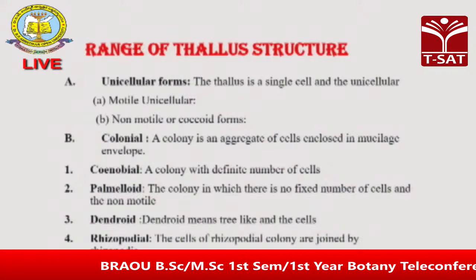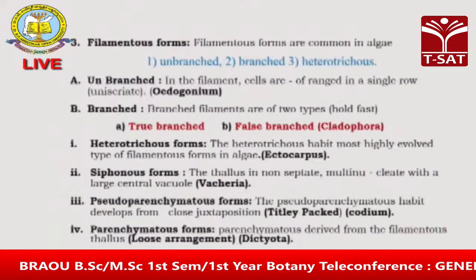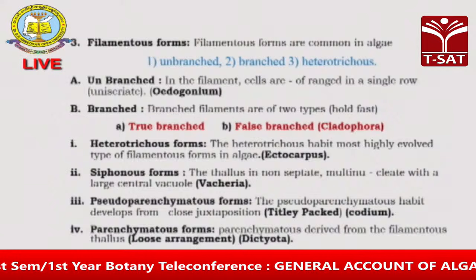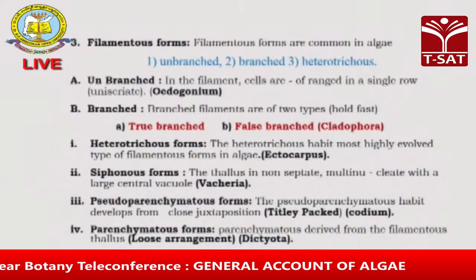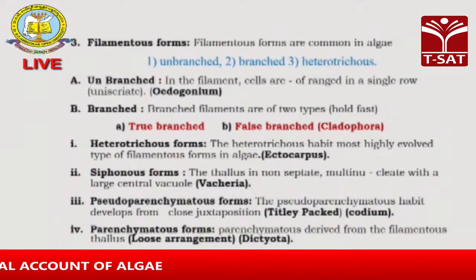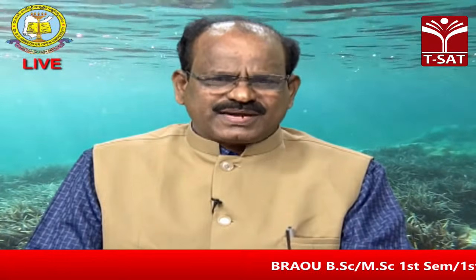Then there are filamentous forms; in filamentous forms some are unbranched, some are branched, some are heterotrichous. In unbranched types, like Oedogonium, we do not find any branches; it is filamentous, right.